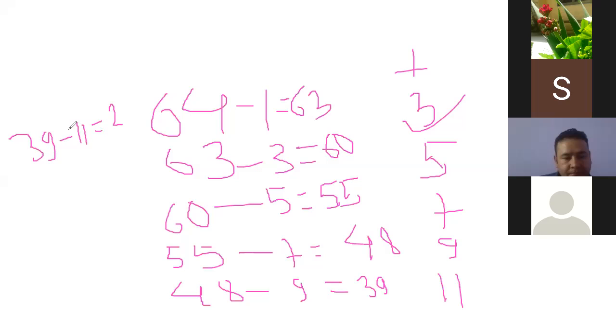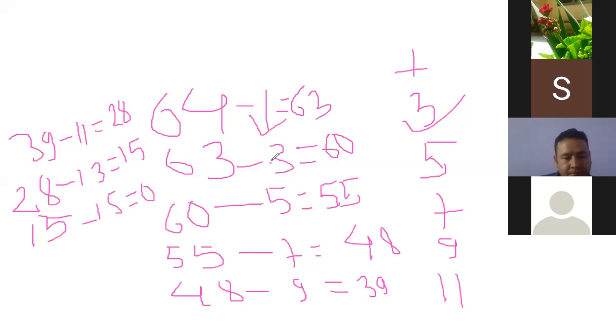So 39 minus 11, how much do you have? 28. Okay, now 28 minus 13. Sorry, it is 15 here. And now 15. Another odd number is 15. Okay, now we got 0.